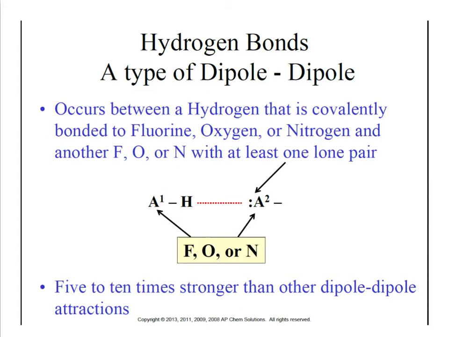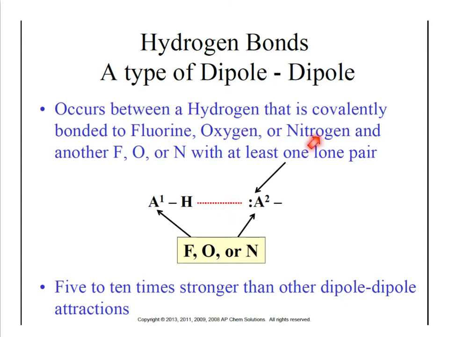If we have hydrogen that is covalently bonded to either fluorine, oxygen, or nitrogen, and then it's put in a solution or put together with another hydrogen that's covalently bonded to a fluorine, oxygen, or nitrogen, we're going to create a very, very strong intermolecular force that we call a hydrogen bond.